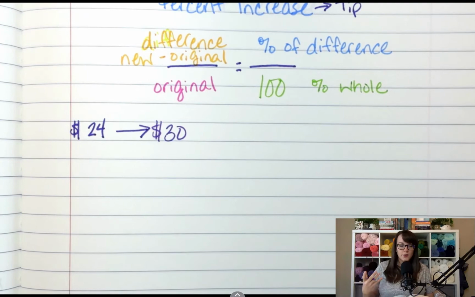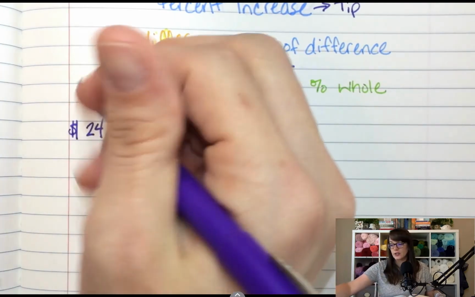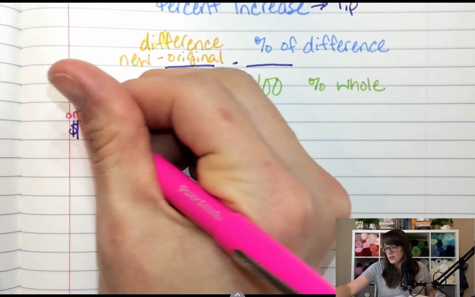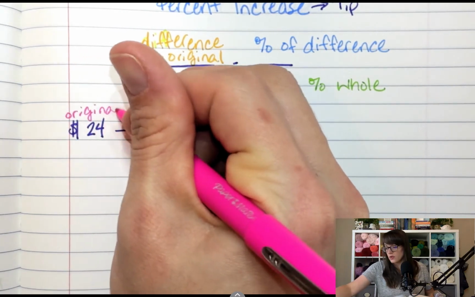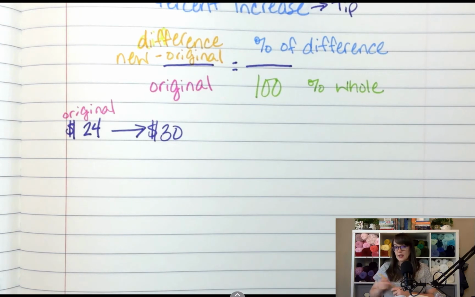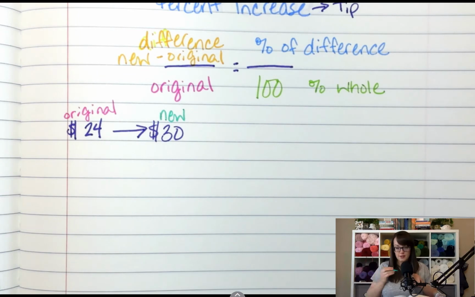So I started with $24. I'm increasing it to $30. So this one is the original, because that's what it was first. That makes the 30 the new. I'm going to use a different color because I don't want to get it mixed up. So $30 is the new price.